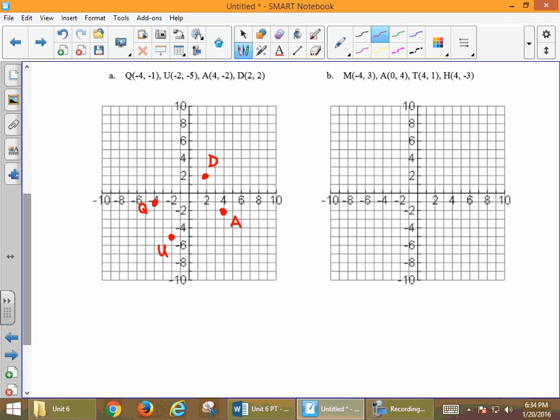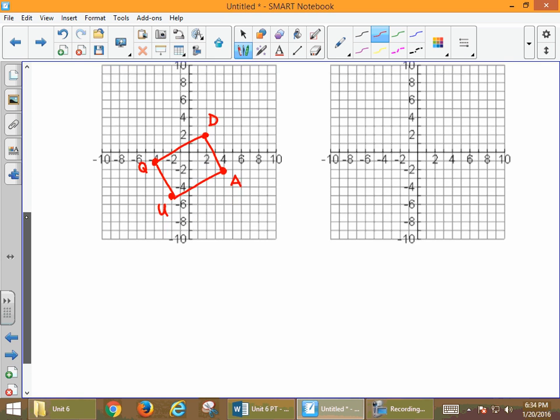Here is my quadrilateral. So I need to check two things. I'm going to try to find the slope and the distance of all four segments. The slope and the distance.